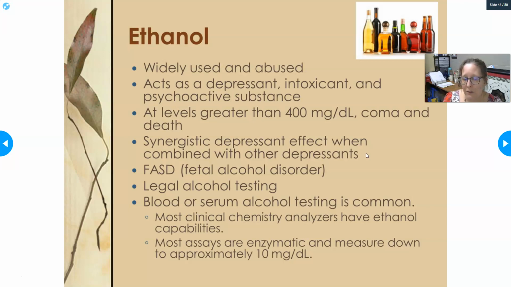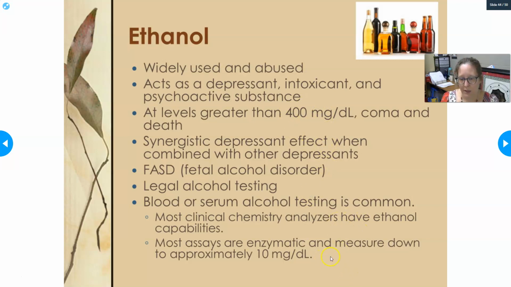You can do legal alcohol testing, especially if somebody has been driving impaired. Blood or serum alcohol testing is very common. Most clinical chemistry analyzers have ethanol capabilities, and again, you want to see if they're getting close to this toxic dose or where are they.